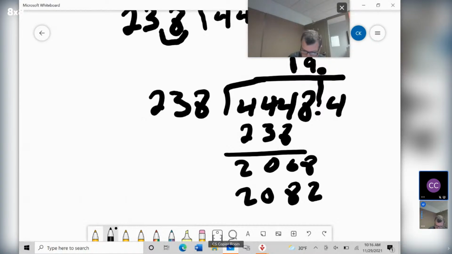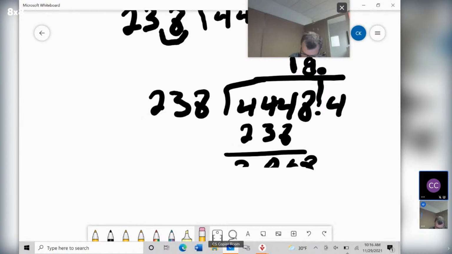Because when we multiplied the 9 times the 238, we got 2082. And that is just a little bit bigger than the 2068. So what this tells us is instead of 19, it's going to be 18. And then what you would do is we'd erase this, and that's 2068.